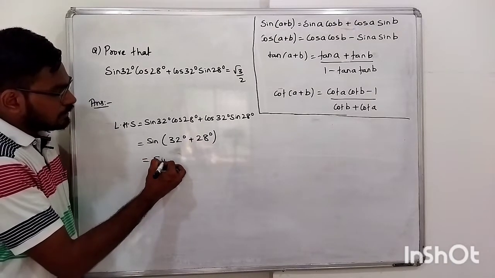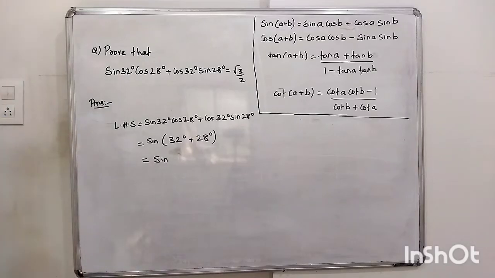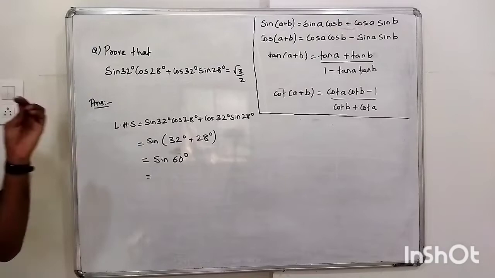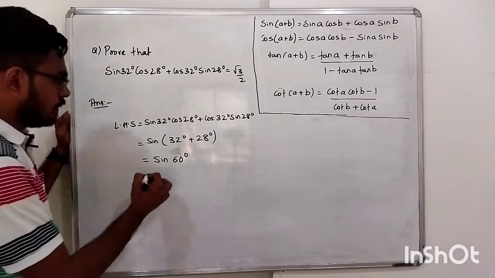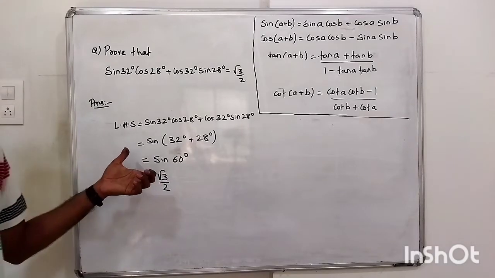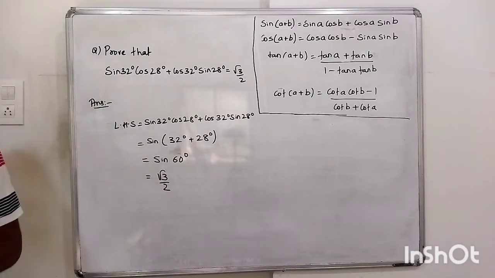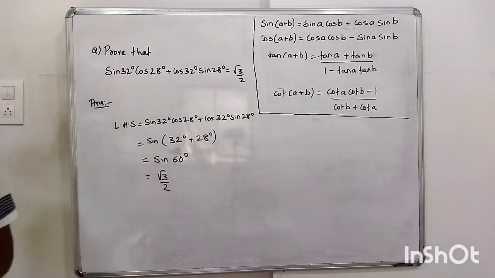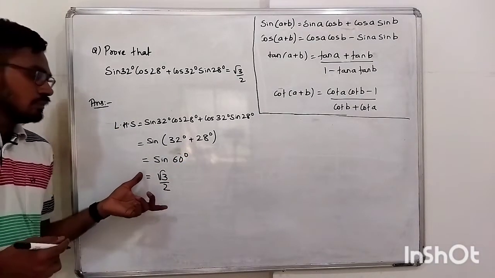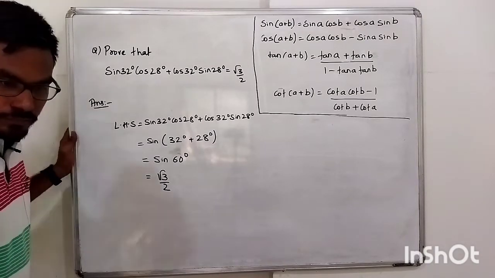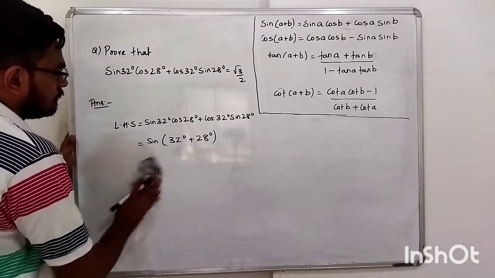So this becomes sin of 32 plus 28, so sin of 60 degree, and we already know that sin of 60 degrees is root 3 upon 2. Okay, and this you should know how to find, using the triangle and the other method. Okay, using those two things you have to find this. Okay, next one more problem like this only.